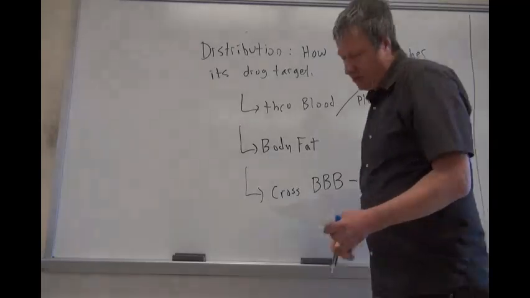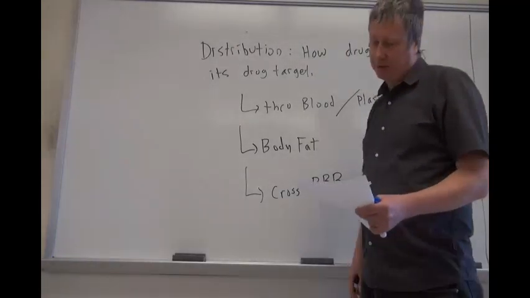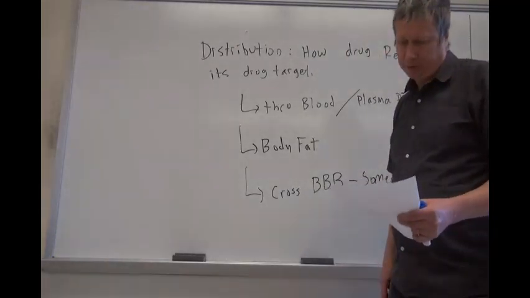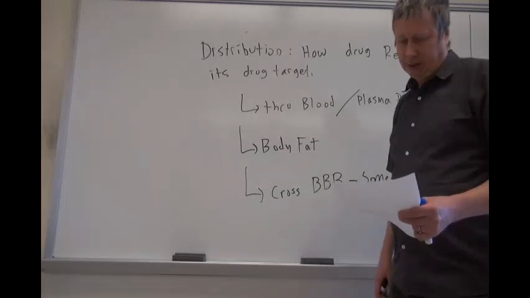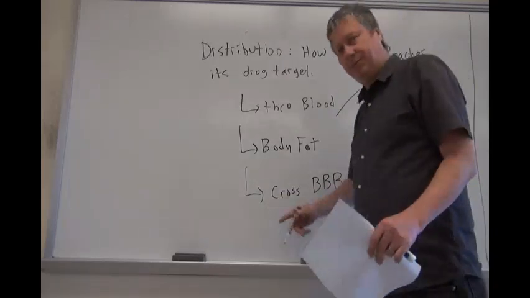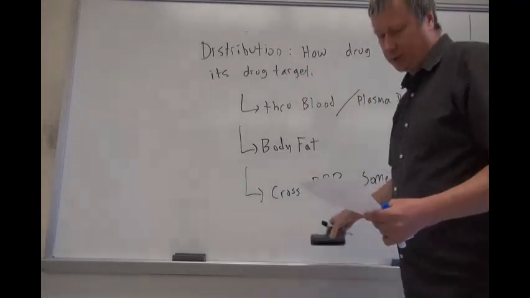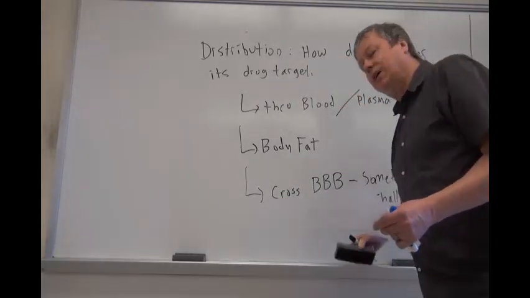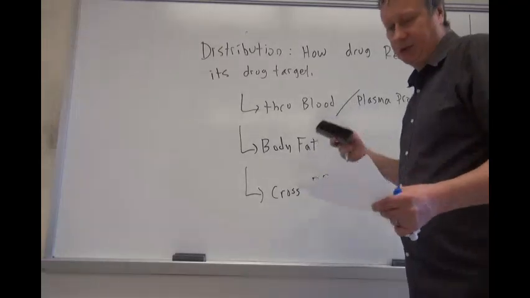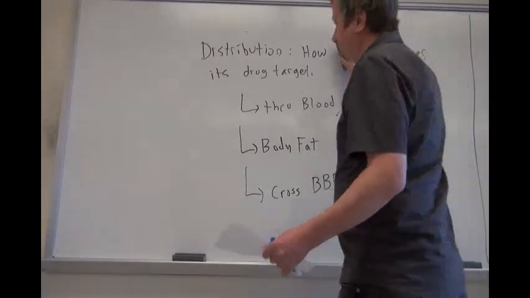And I actually have a pretty cool example of this that we'll go into next, all right? So talking about distribution and how drugs reach their drug target. Let's show a cool example of an issue with distribution. Let's check it out.